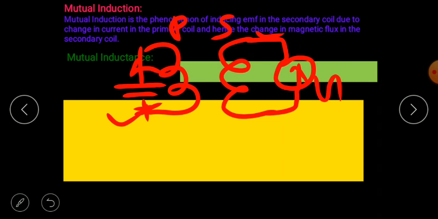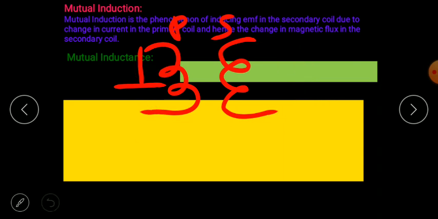Similarly, if the key is opened, the galvanometer again shows deflection, but in the opposite direction. It is due to the decay of the current in the primary, which causes a decrease of magnetic flux through the secondary, and hence an induced current flows in coil S to oppose the decrease of current in coil P. I hope this is clear to you.